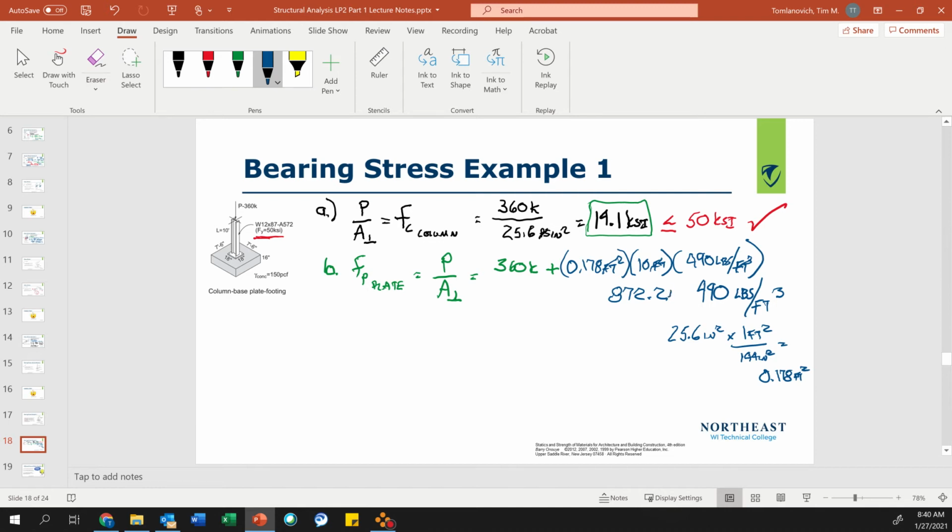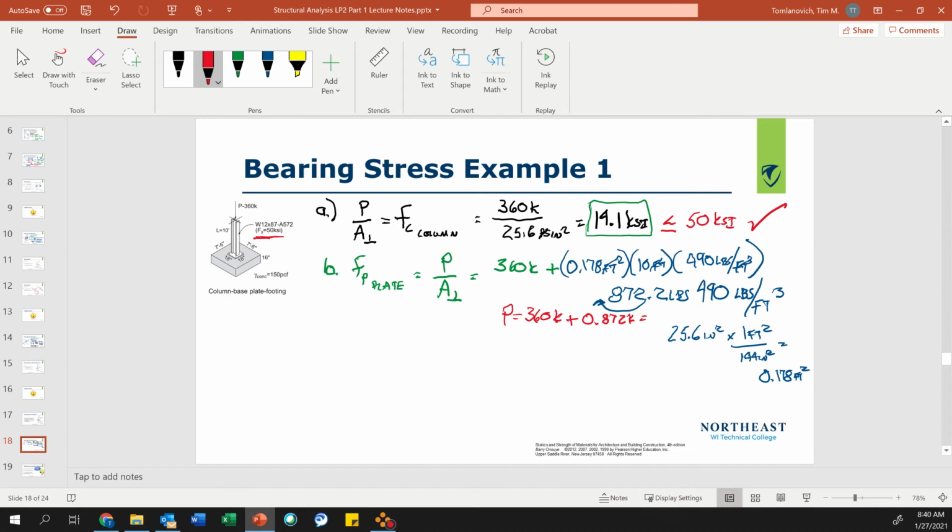Now this is pounds. So sorry, this is a little messy. I got to get that in kips. So I just slide this over like that. So P, let's go back to P for my bearing stress, equals 360 kips plus 0.872 kips, and that equals 0.872 plus 360.